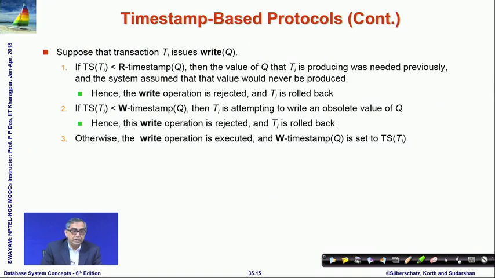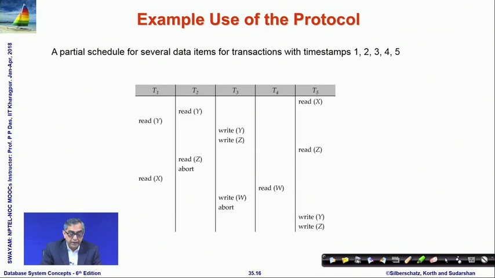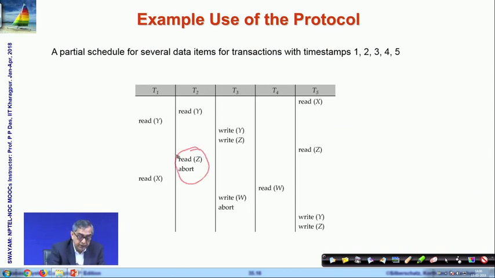So, this is a very simple protocol for read and write, and here is an example shown in terms of this protocol. For example, this wanted to do a read. This is the time where the transaction had started, and this was the write.